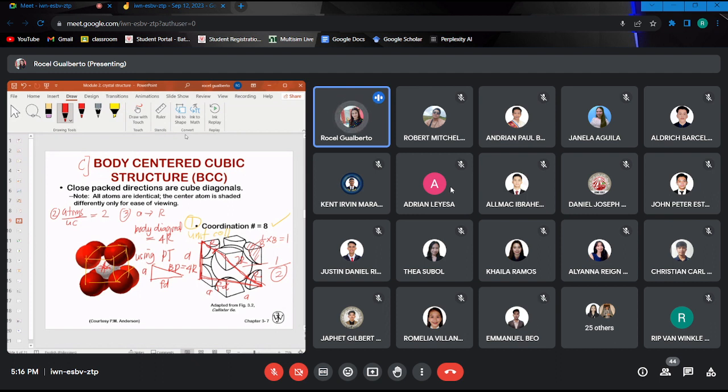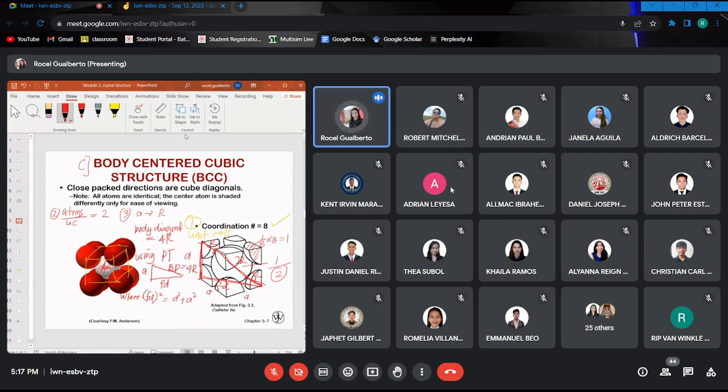The face diagonal will be taken from the Pythagorean theorem din kanina, where your FD, your face diagonal squared is equal to A squared plus A squared. Okay? So, from there ngayon, ito po yung ipapalit natin doon. Okay? And ito naman, BD would be equal to 4R.